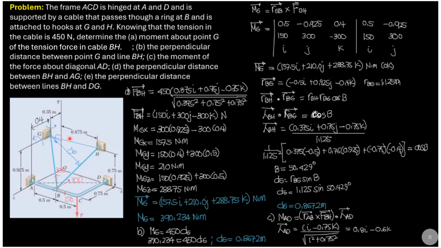So we have 300 times 0.925, then minus 300 times 0.4. By the way, this 0.4 here is 0.75 minus 0.35. So we get 157.5 newton meters.